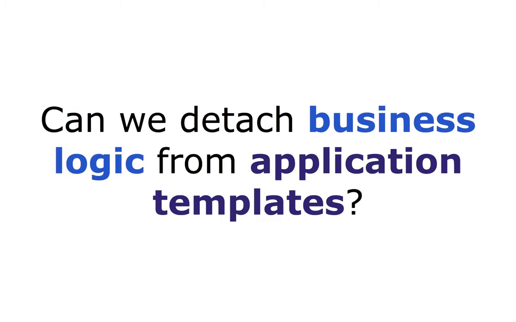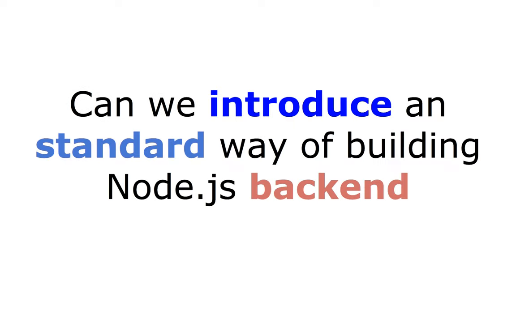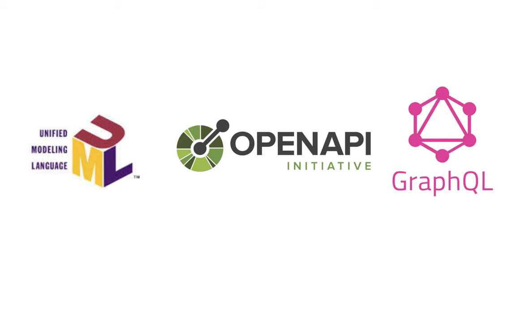So we are thinking, can we detach the business logic from application templates? And additionally, can we introduce a standard way of building a Node.js backend? To do that, you often need to think about the representation of the business data or business models. There are a couple of standards out there: UML, OpenAPI, and GraphQL.